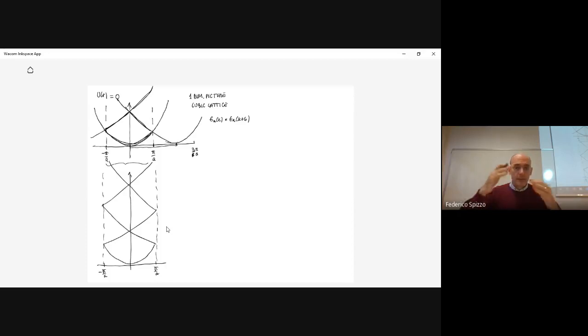So I have many branches that intersect in the first Brillouin zone.